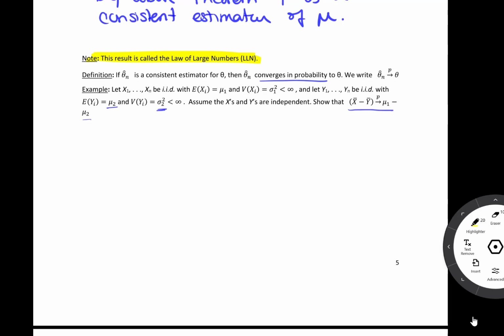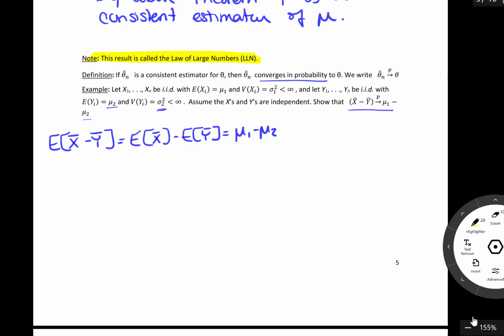So the first thing we're going to do is show that it is an unbiased estimator. So we have the expected value of x bar minus y bar. We know that that is equal to the expected value of x bar minus the expected value of y bar, which is equal to mu1 minus mu2. So therefore, x bar minus y bar is an unbiased estimator of mu1 minus mu2.